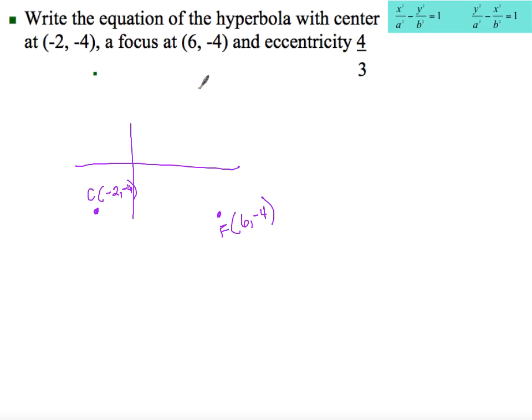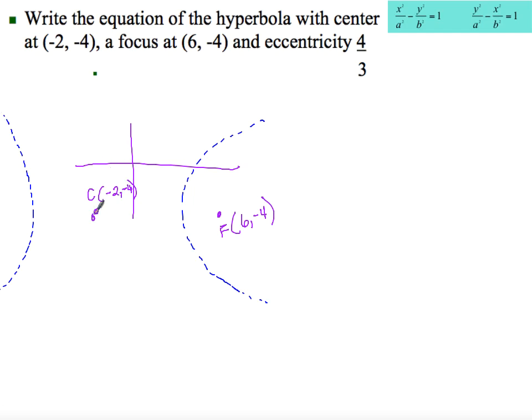Where are we going to start in this one? If I know that my center is at -2, -4, and my focus is at 6, -4, one thing I know about this hyperbola is that it wraps around that focus point. I don't know the a or the b, but I know that a hyperbola is always going to wrap around that focus point. That's how it was created in the first place. So there's one branch of my hyperbola, and then the other branch is going to be off to the side of our paper here.